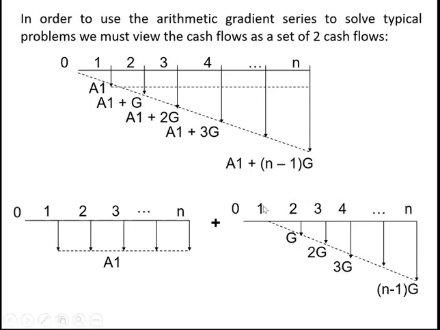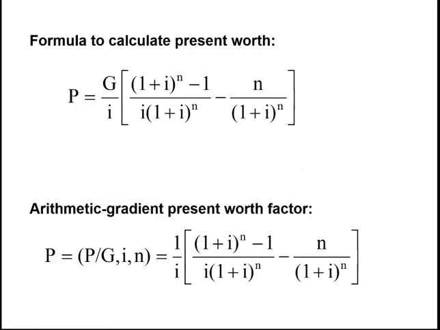In order to calculate the present value of the arithmetic gradient, we use these formulas. G equals 2,000, i is 0.08, and N is 10.